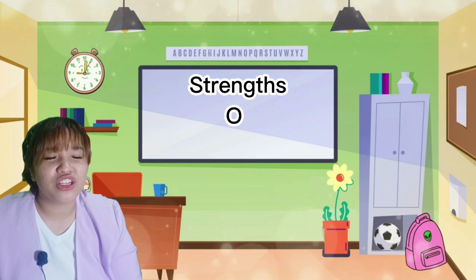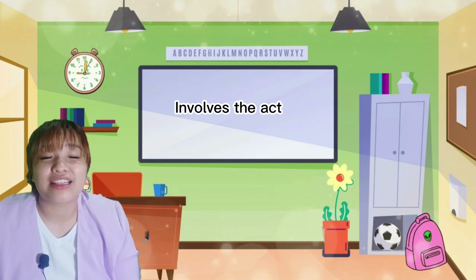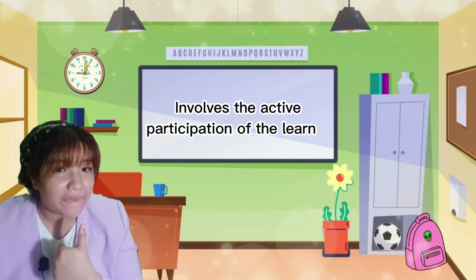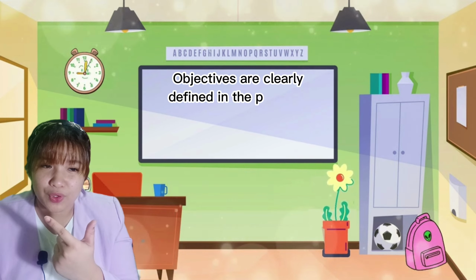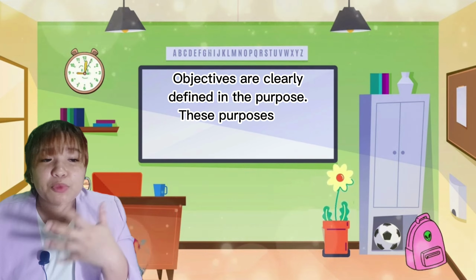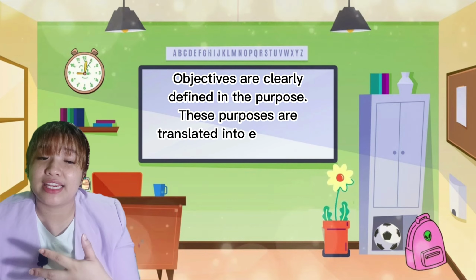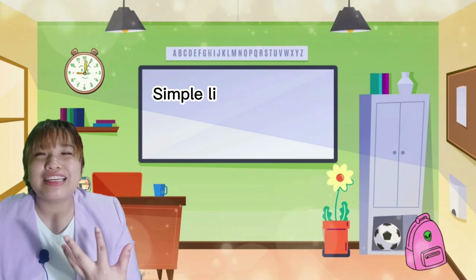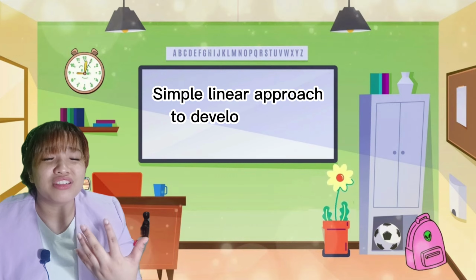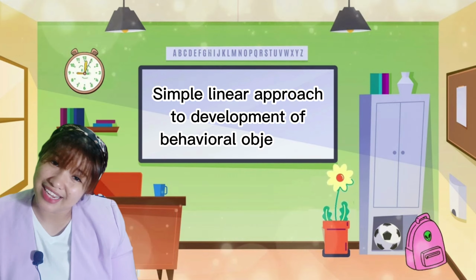Strengths of the model: it involves active participation for the learner. Objectives are clearly defined in the purpose. These purposes are translated into educational objectives, with a simple linear approach to developing behavioral objectives.